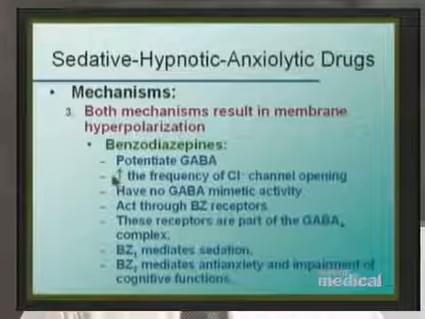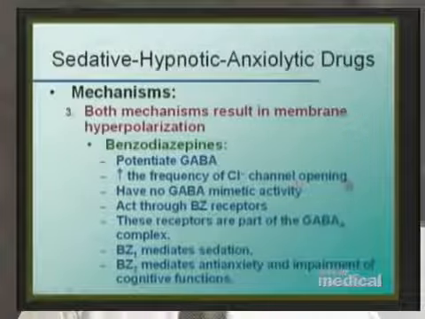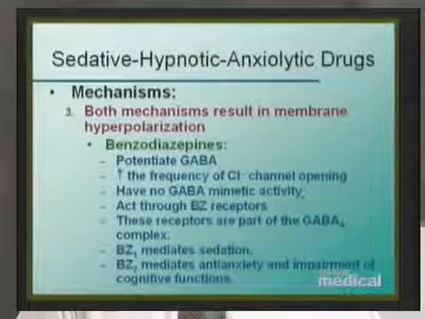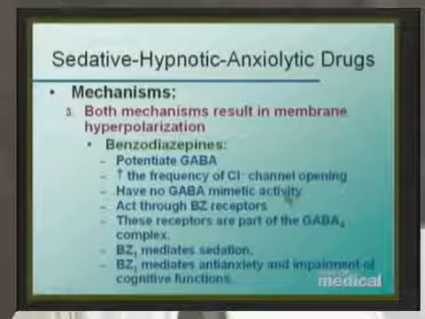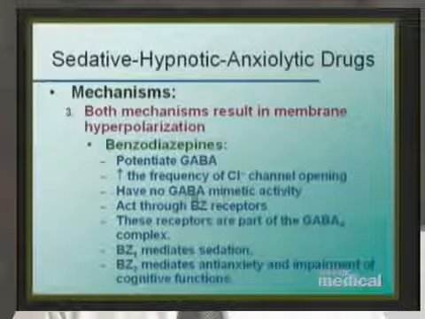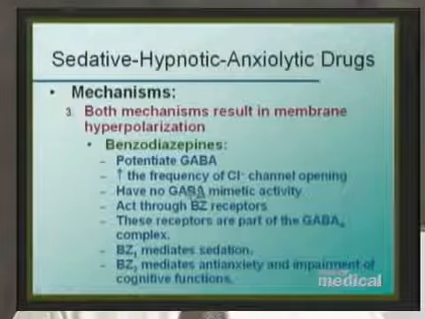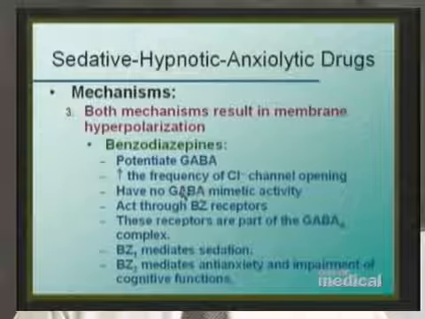As a result, they are said to increase the frequency of chloride channel opening. In reality, as mentioned here, they really have no GABA mimetic activity of their own. I'm telling you a benzodiazepine binding to a GABA-A receptor is not going to open the receptor to let chloride get in. It will simply allow GABA to bind more often to its site.